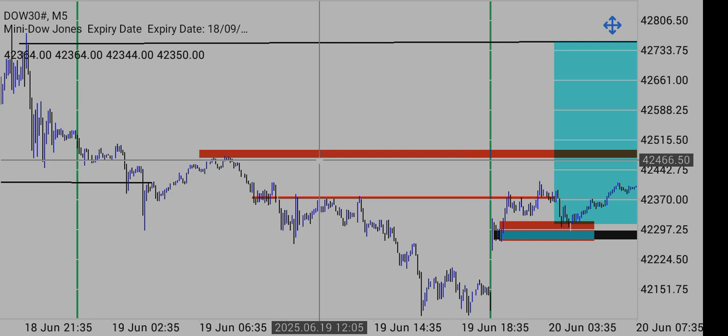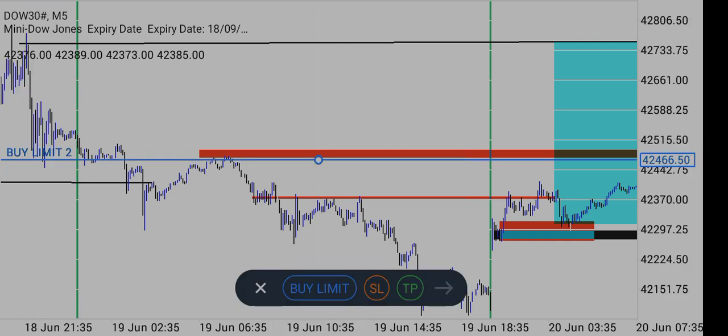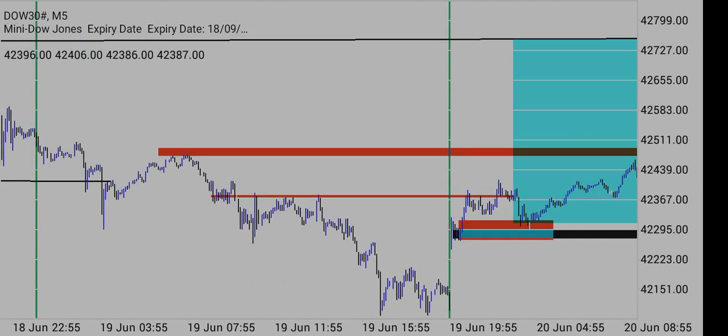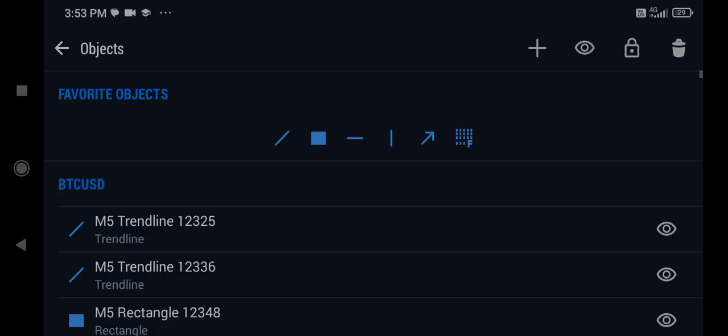The reason we have stop losses, lot sizes, risk to reward ratios, and sessions. Understand that we are not going to get the same setup every day. We are definitely not going to get that. So this day we didn't get anything, but the next day.